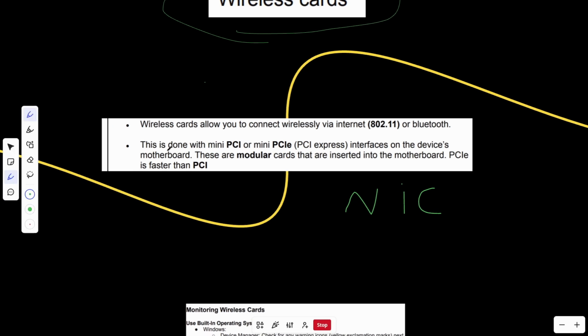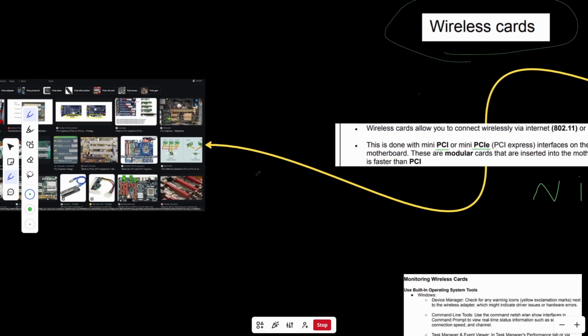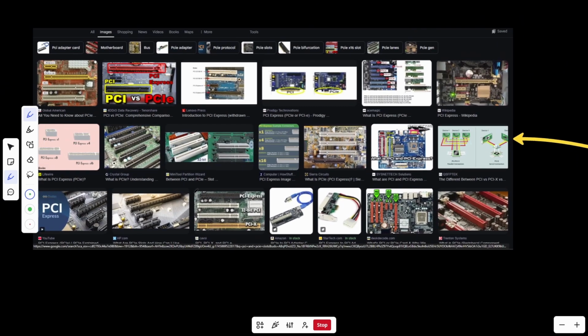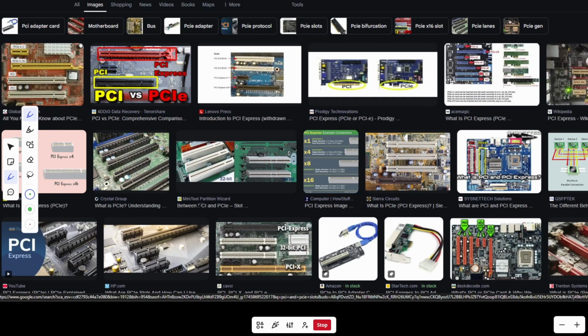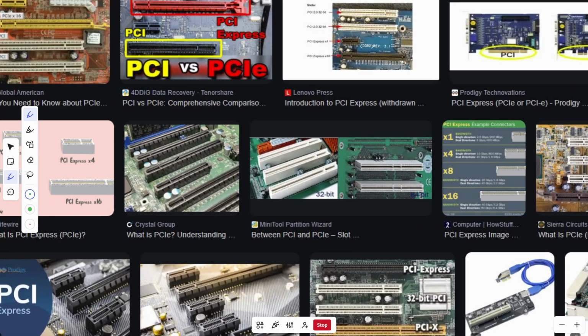These cards are used through something called PCI or PCIe interfaces. Basically, these are sections that allow you to plug in expansion cards, okay? So they look like this, right?